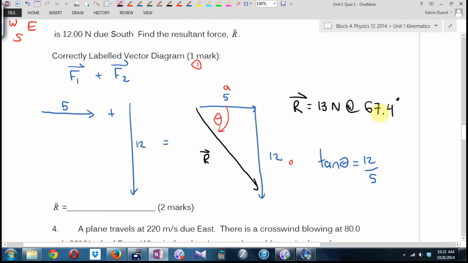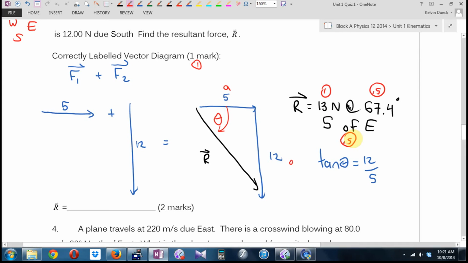What of what? South of north, east of west, what of what? This is south of east. That gets you 2 out of 2. In fact, I would give you 1 mark for the 13, a half mark for the theta, and a half mark for the what of what. And that's why it's worth 2 marks.